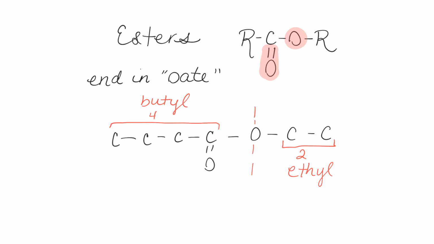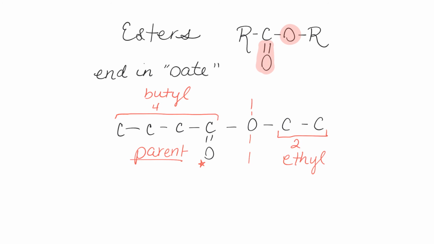The side with the double bonded oxygen is going to be our parent side. That's going to be the main chain. So the butyl is going to get the oate, so this is going to be butanoate. And the ethyl is going to be the branch.